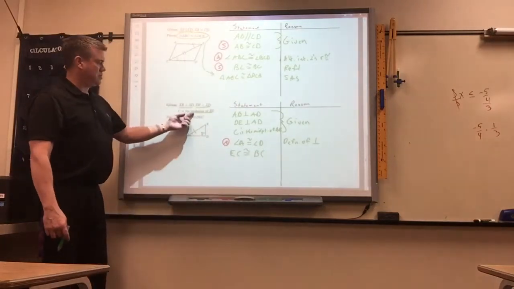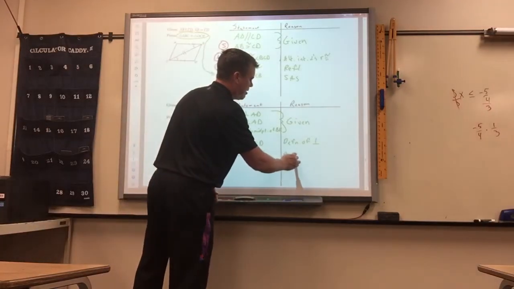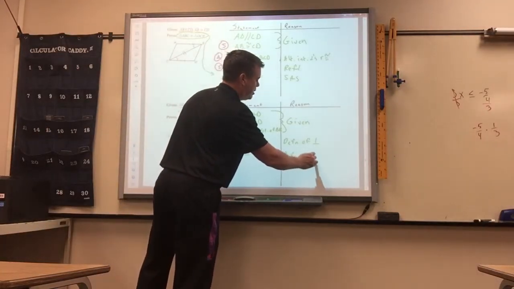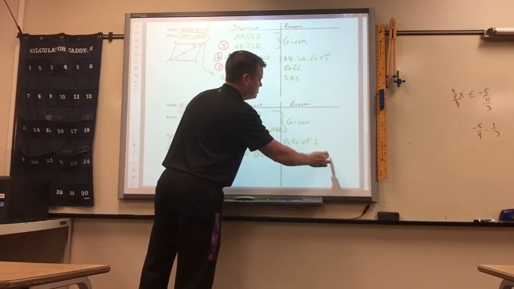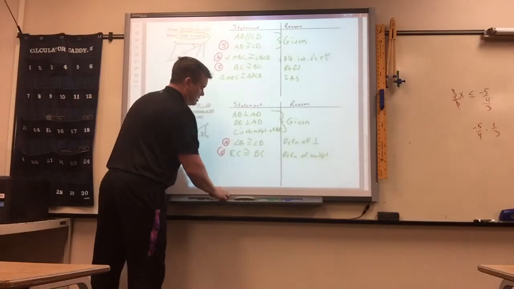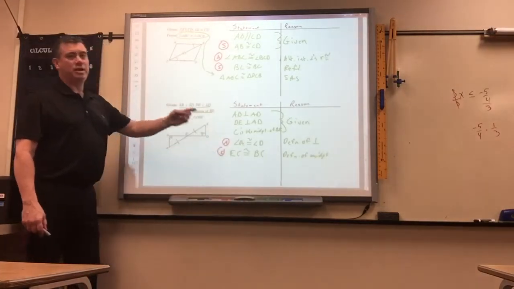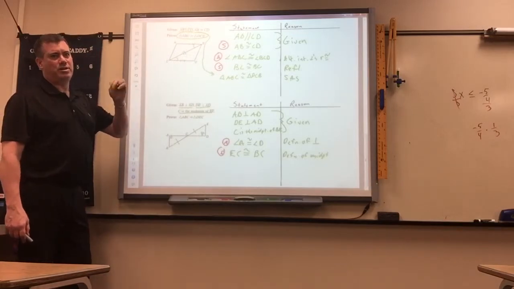And again, it told us it's the midpoint, so we know they're equal because that's the definition of midpoint. So there we've got a side. So we got two things. You just need one more, either an angle or a side.